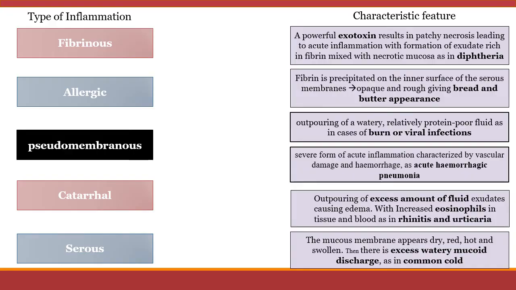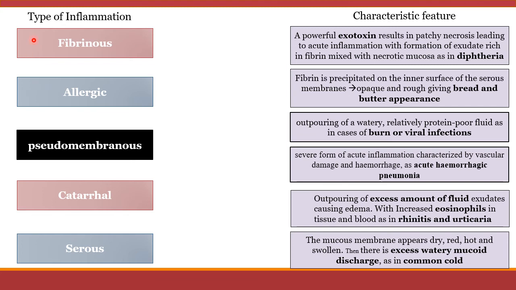In this activity, we have different types of acute non-separative inflammation, and we have their characteristic features. And we need to try to connect each type with their characteristic features. So you can pause the video now and try to read all of the features, then resume the video to find out the answers.